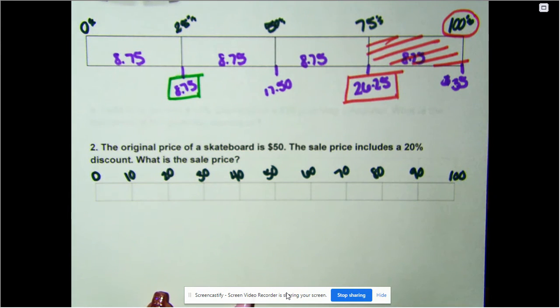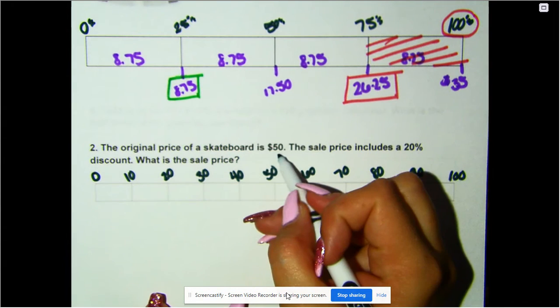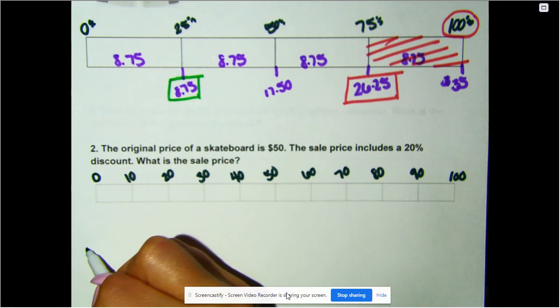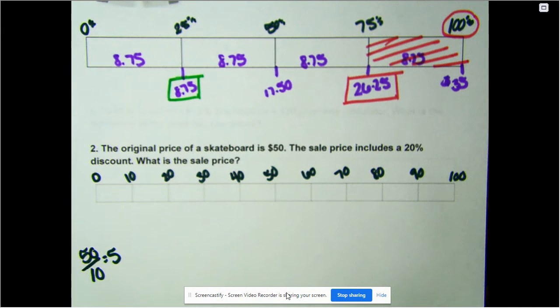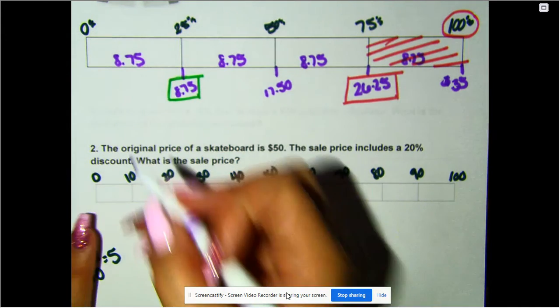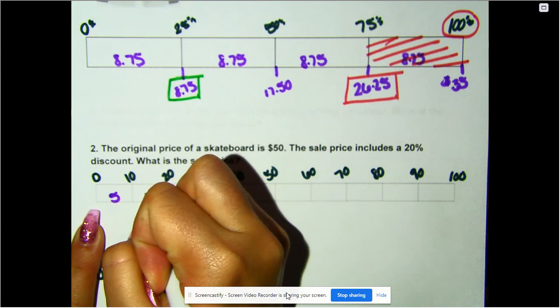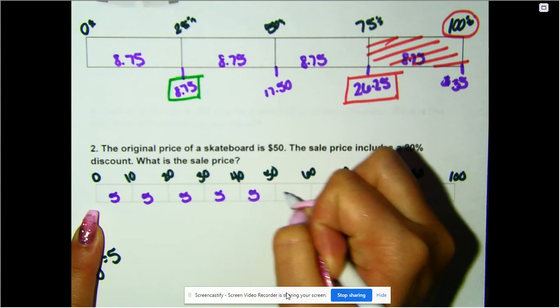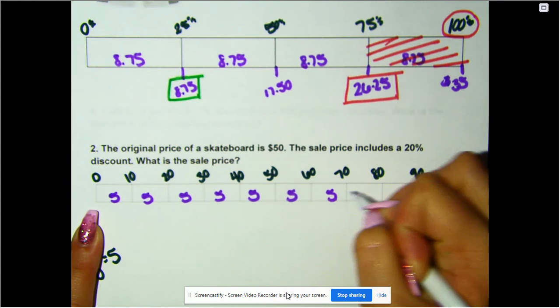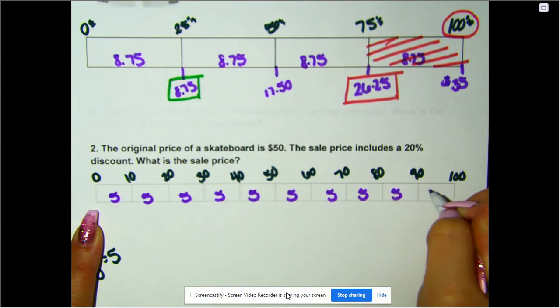Now I need to take $50 and split that into 10 sections. 50 divided by 10 is 5, so each section is worth $5. 5, 10, 15, 20, 25, 30, 35, 40, 45, 50.